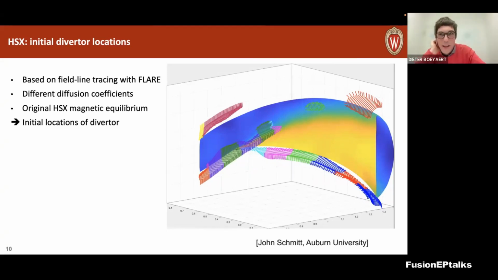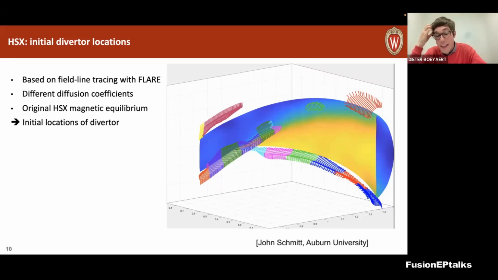So at the moment, indeed, we only have a pulse length of 0.2 seconds, but we are aiming to increase that up to 1 second to make it possible to study the neutral behavior, because you're indeed right that when we stick to the current discharge length, then we cannot look at the neutral dynamics. And as we also want to check detachment studies, when we only have a pulse length of 0.2 seconds, that's also not possible.